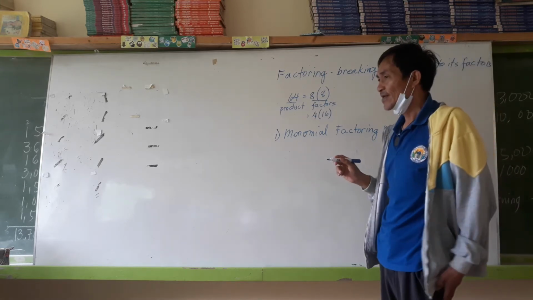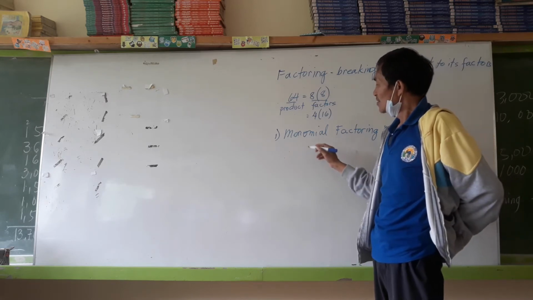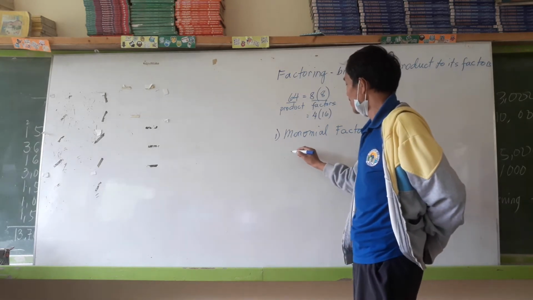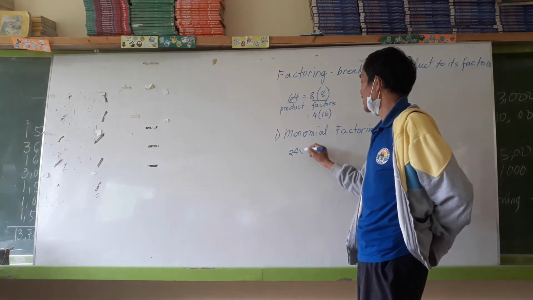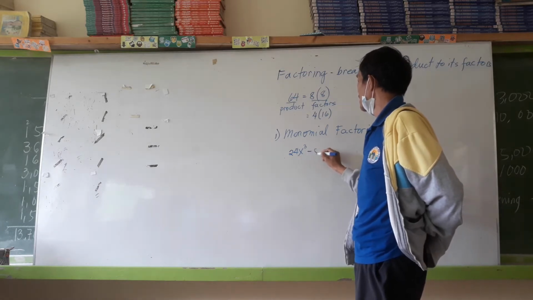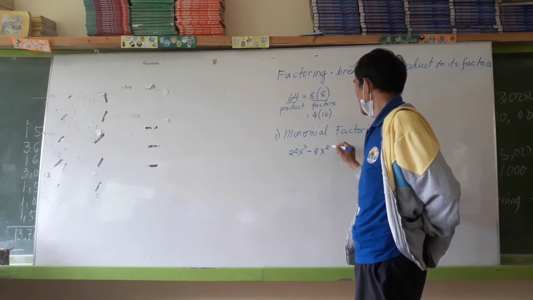So, how are we going to do this? We are going to be given a product. Okay, for example, 24x cubed minus 8x squared.